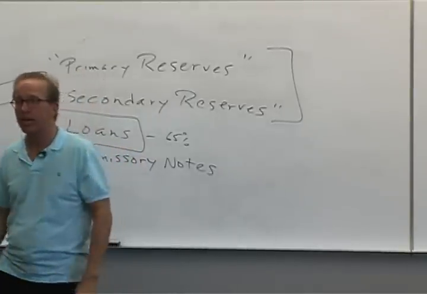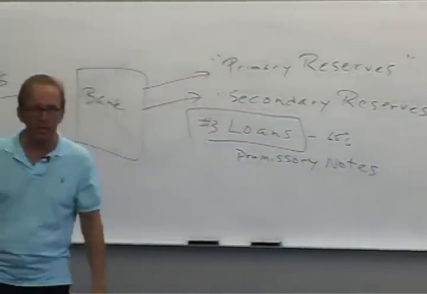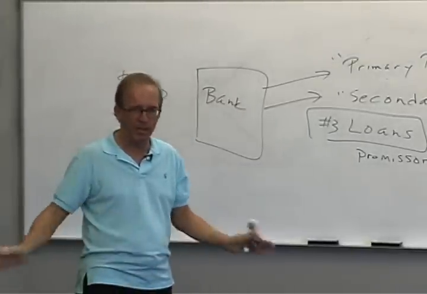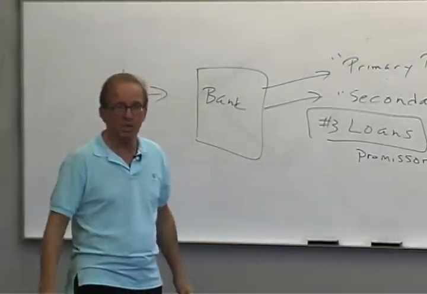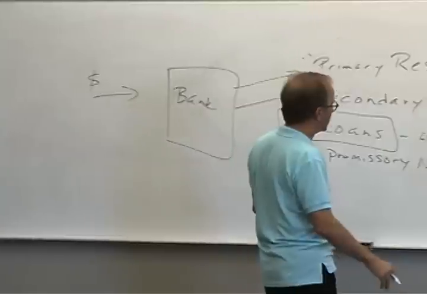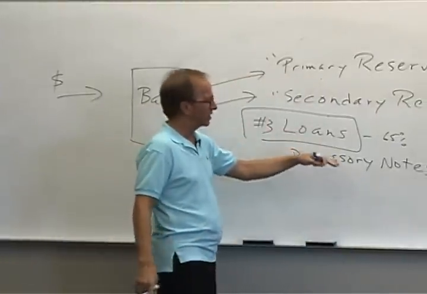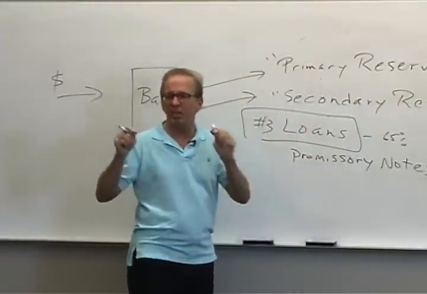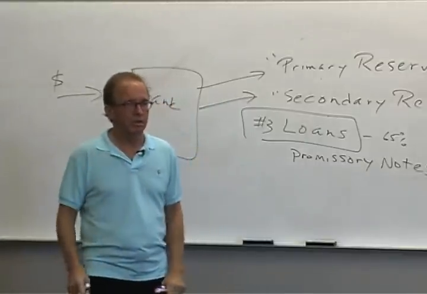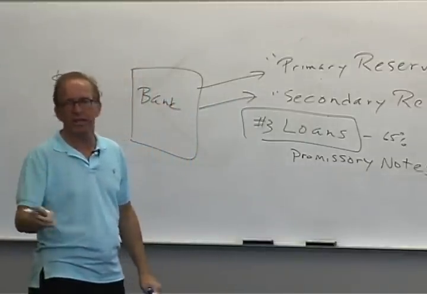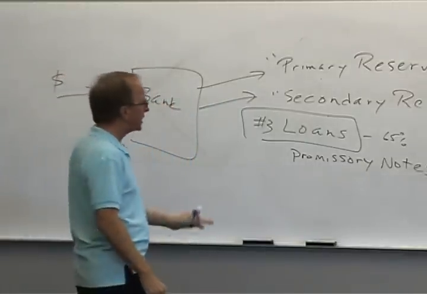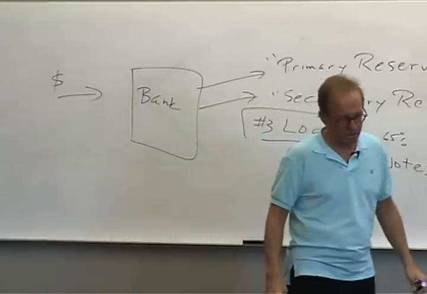I acknowledge the debt. It doesn't say I'm going to pay you off. It doesn't say I'm going to pay interest. It says, I owe you money. What you really are talking about with a loan is a promissory note. I promise to pay you under certain circumstances, on certain dates, at an interest rate, and so forth. It's a promissory note.